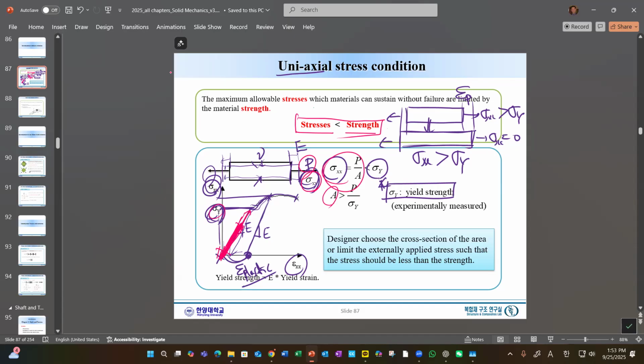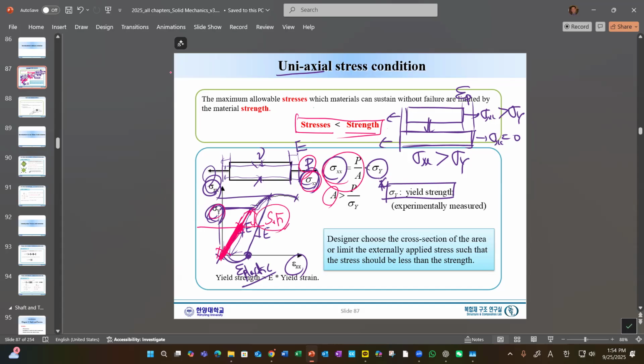Of course, in real design, we have to have a little bit of a safety factor, because when we design, we may have a certain case that the load we consider may exceed the design load. The material might have some defect inside, so we always have some sort of a safety factor.